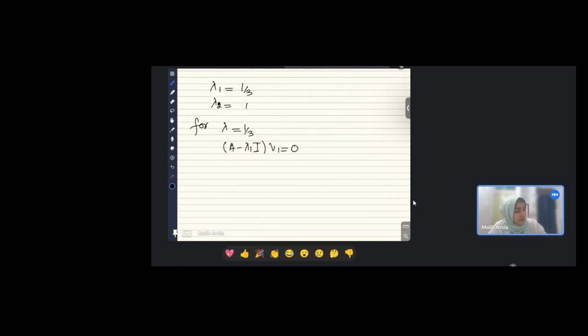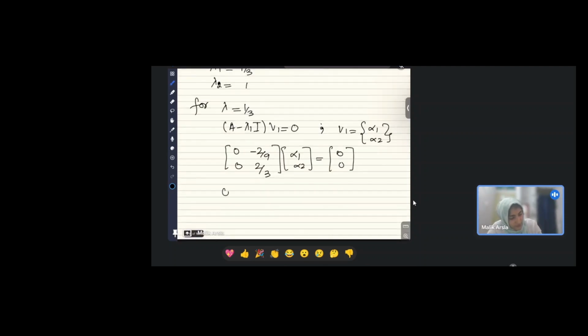So V1 we can take as alpha 1, alpha 2, and the matrix will be [0, -2/9; 0, 2/3] times [alpha 1, alpha 2] equal to [0, 0]. Now here 0 into alpha 1 minus 2/9 into alpha 2 is equal to 0, and 0 into alpha 1 plus 2/3 alpha 2 is equal to 0.